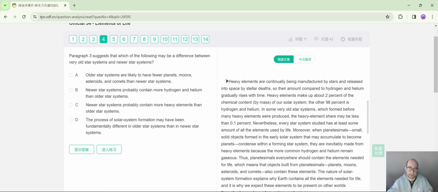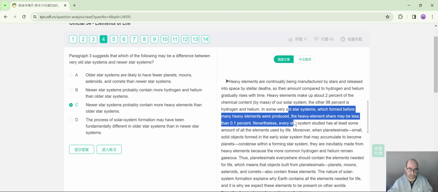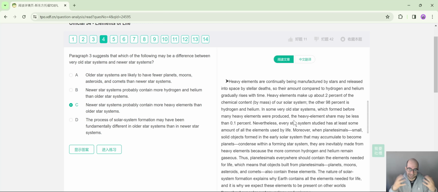That means it's implying or inferring or suggesting that new star systems produce heavy elements. See how that works? So C is just a paraphrase of the information here. So if old star systems didn't have these heavy elements, then the new ones naturally did. They probably did. Okay, and you could just double check D. No, that doesn't make sense. So hit C and move on.